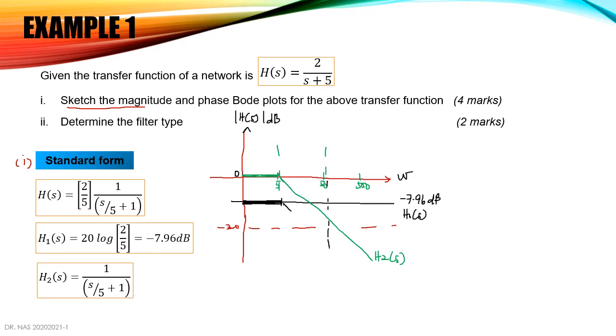So you can see that the line basically drops down. Okay, so this is basically the frequency response of the given transfer function. This is the magnitude plot, and continue with the phase plot.